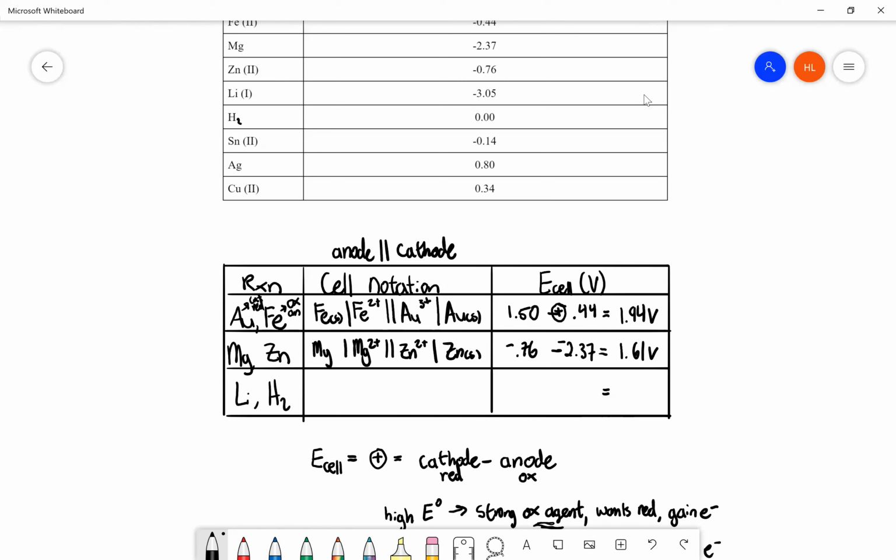So that would probably be in the anode position, which makes sense because if we do 0 minus a negative number, -3.05, we get a positive number, which would be 3.05 volts. In that case, lithium becomes our anode, and we can put it first. So lithium, Li+, and H+ to H2.